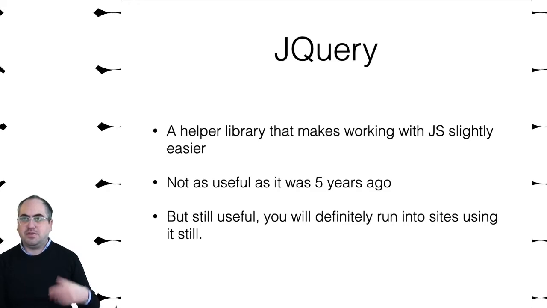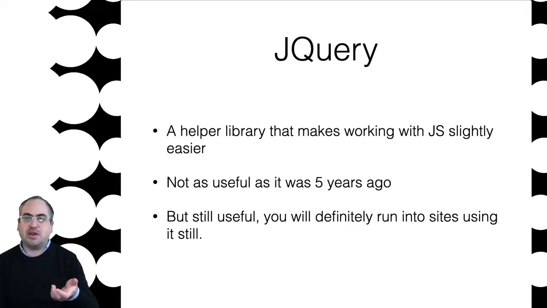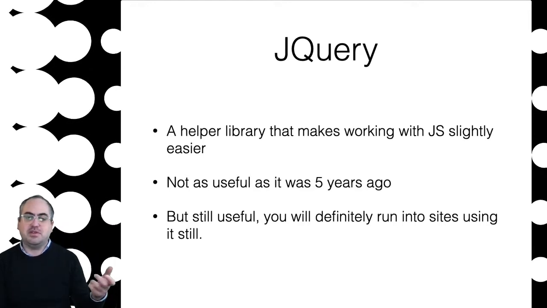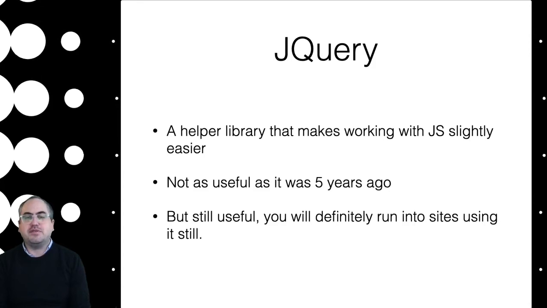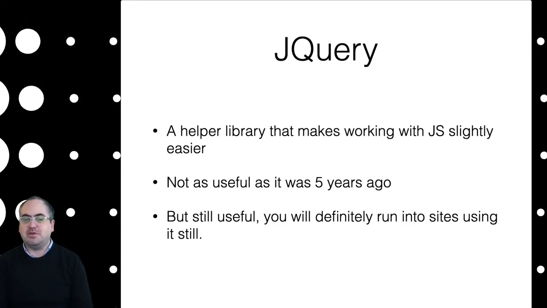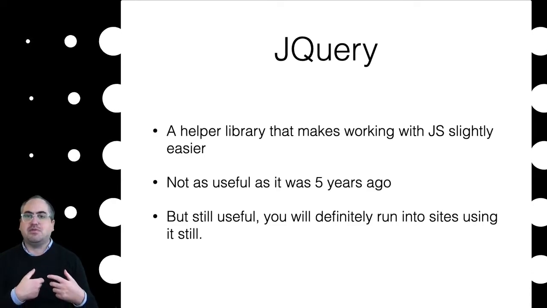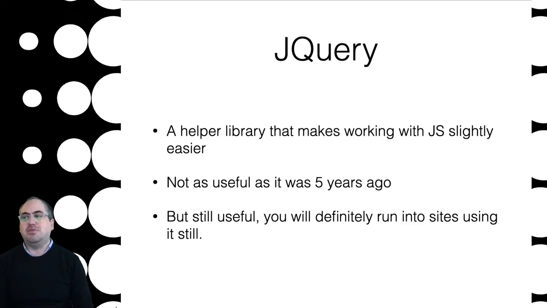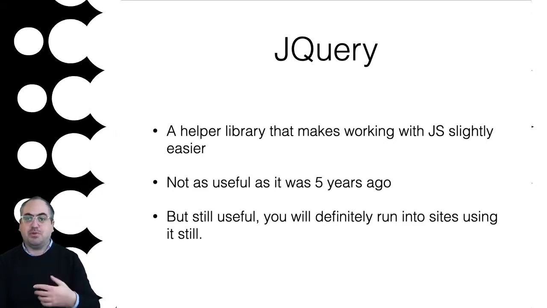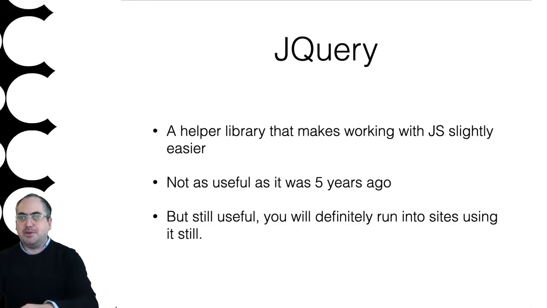So if you do something in Firefox, it's the same way as in Chrome, the same way as in IE or Edge. But you'll still come across it. So we're going to talk a little bit about it, because if you have to maintain a site, or you found some library that uses jQuery, it's good to know about it. It's so ubiquitous, it's out there everywhere, so it's good to have some knowledge about it.